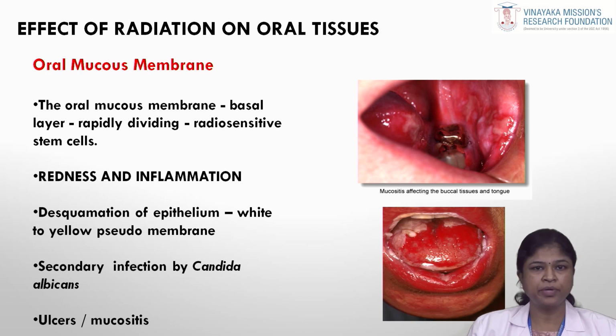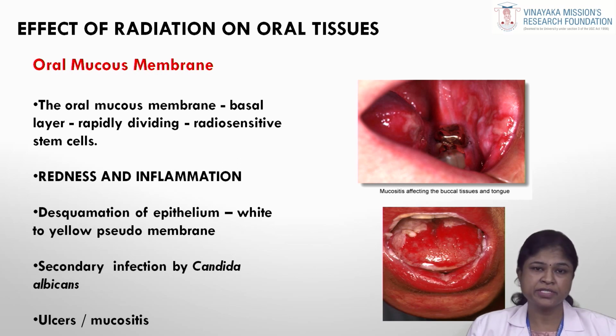At the end of therapy, the mucositis is usually more severe and the patient feels discomfort and food intake becomes very difficult. Good oral hygiene has to be practiced by the patients to minimize infection. Topical anesthetics may sometimes be required at mealtimes, and it is sometimes secondarily infected by Candida albicans, which is the most common complication.